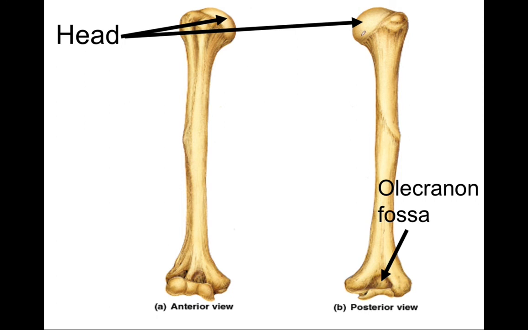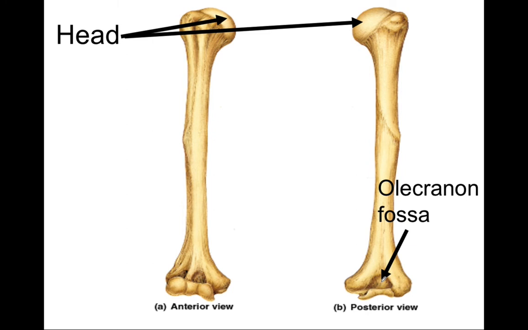As I have already explained, the head of the humerus can be found up here, and there's a very, very important landmark on the back side of the humerus that you're going to use to determine whether you're looking at the front or the back of the humerus, and that is referred to as the olecranon fossa. The olecranon fossa is a large indentation on the distal end of the posterior side of the humerus.